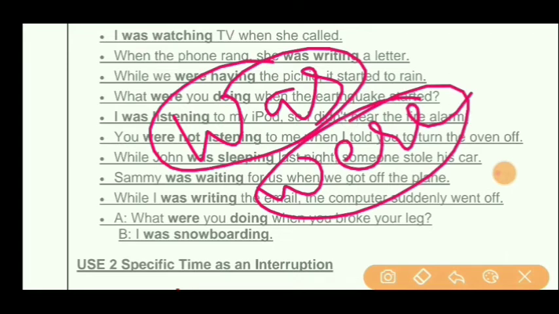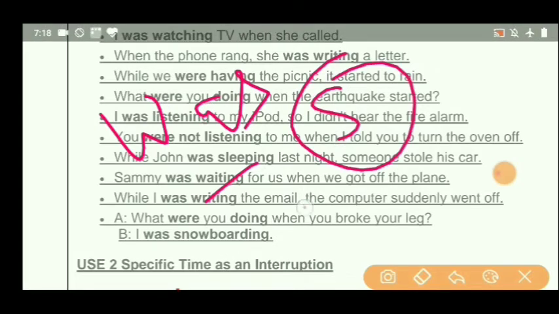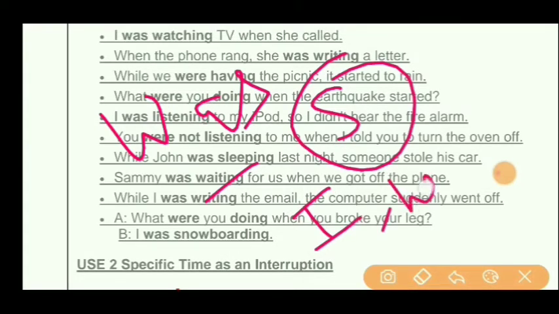Moreover, was is used with singular. Was with singular, for example, I, he, she, and any third person singular.